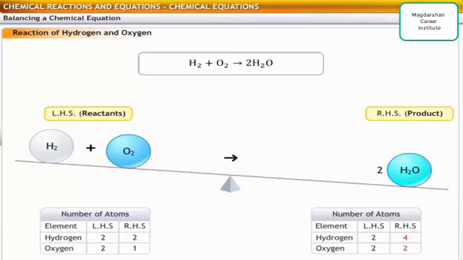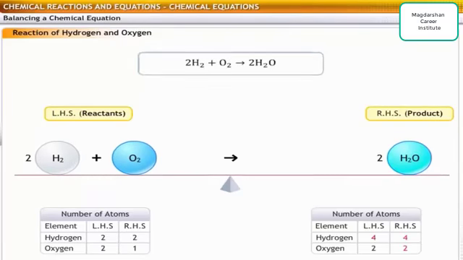However, placing the coefficient 2 before H2O gives 2 hydrogen atoms on the reactant side and 4 hydrogen atoms on the product side. Thus, there is an imbalance in the number of hydrogen atoms. To balance the hydrogen atoms, place the coefficient 2 on the left hand of hydrogen on the reactant side.